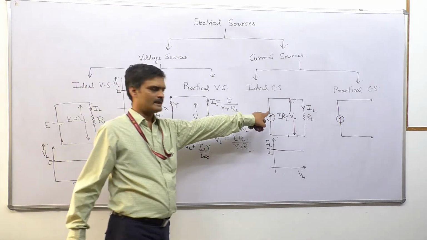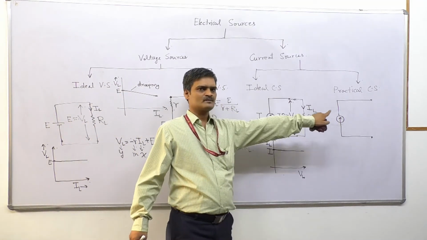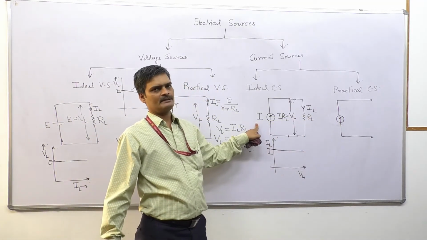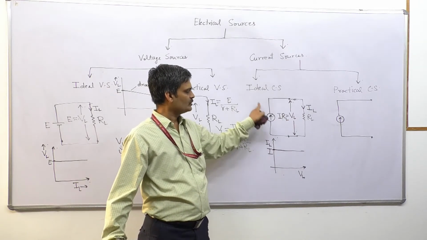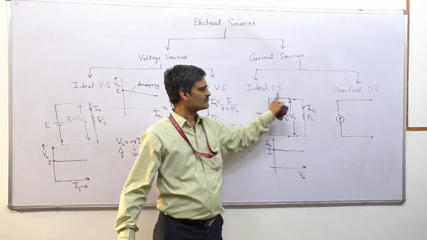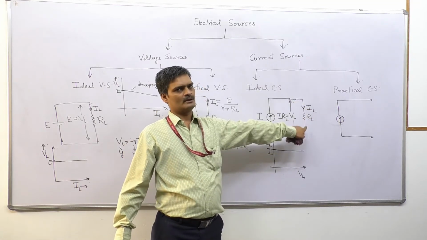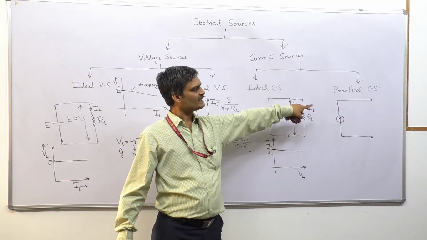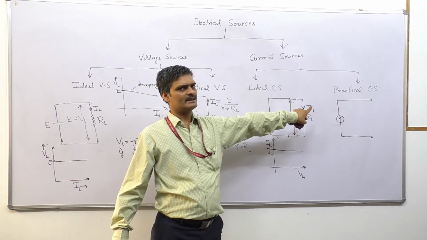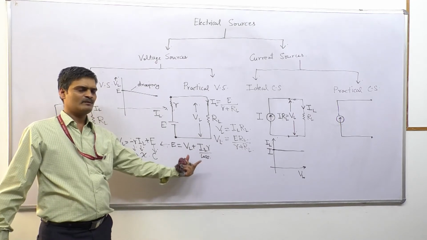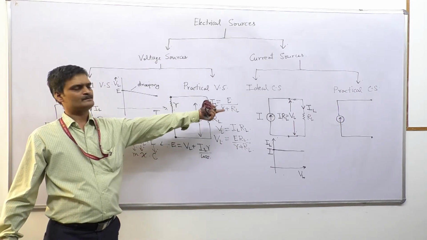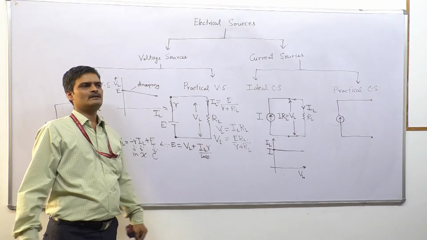Similarly, in case of a current source, when the source is an ideal one, then the entire value of this source is being transferred to the load. So what would be a practical current source? In a practical current source, there would be a loss of current before this current reaches the output of a load.